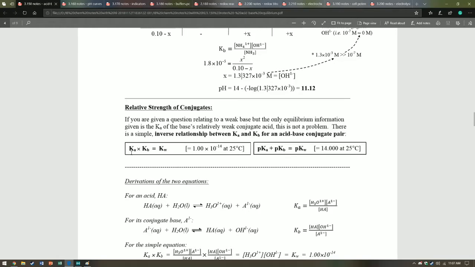For most strong acids, Ka is in the range of 1 billion or some extremely large number like that. We know that the ion product constant, Kw, is this number. So if Ka is that large, in order for this to hold true, Kb is really small. So for a strong acid, the conjugate base is so weak that it is effectively nothing.